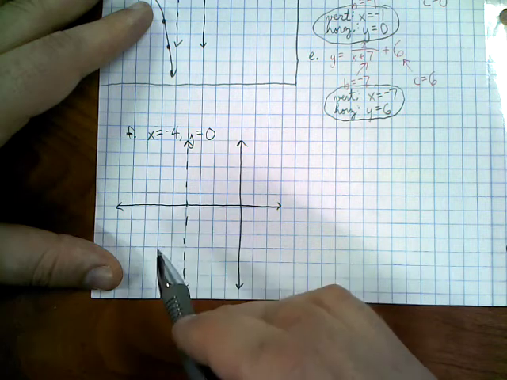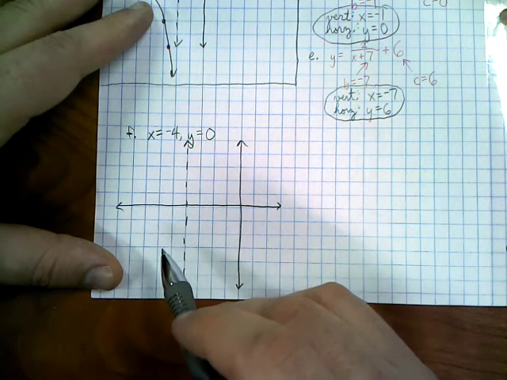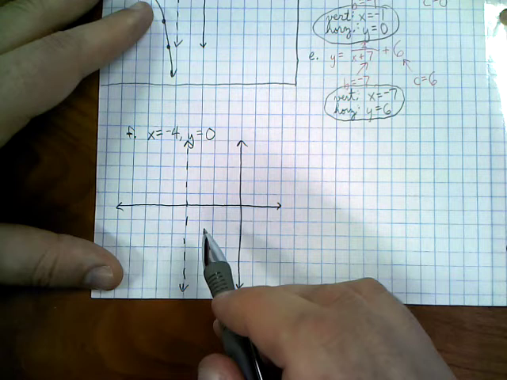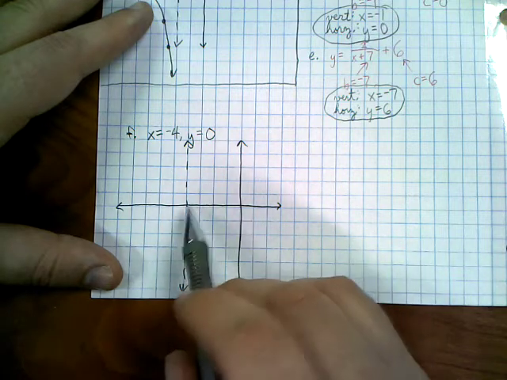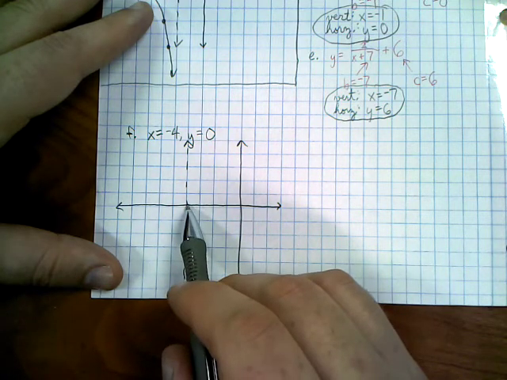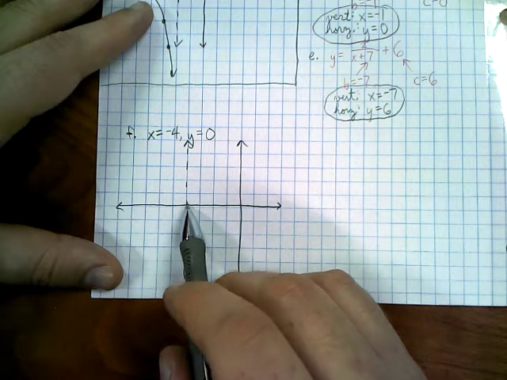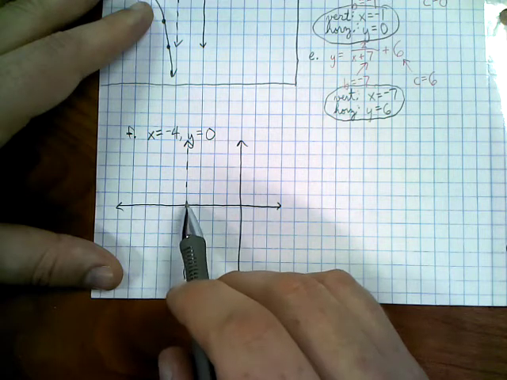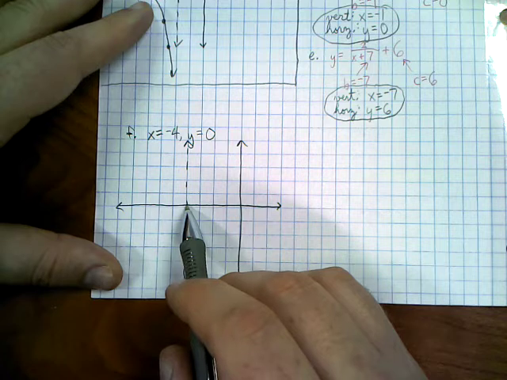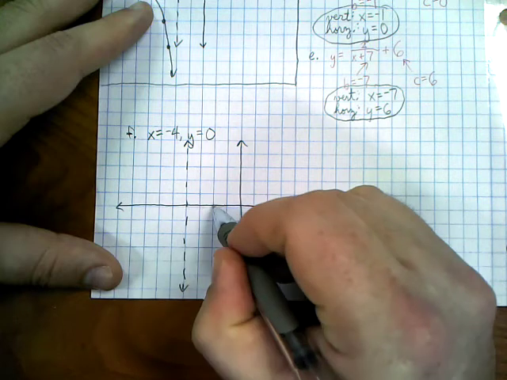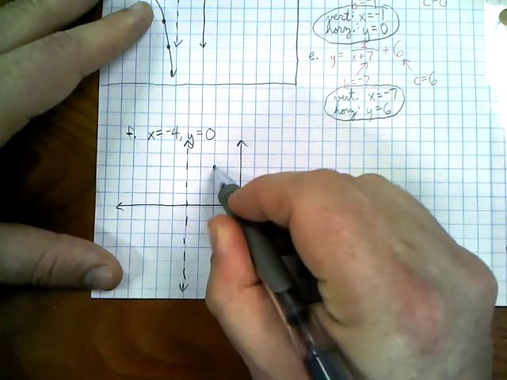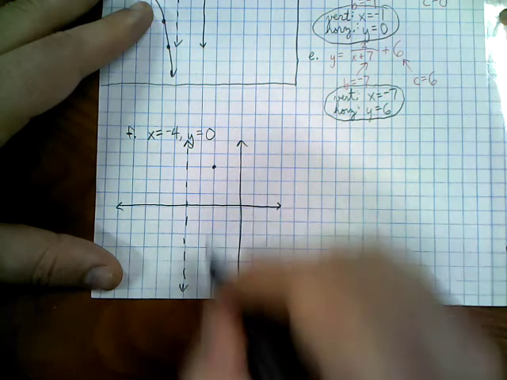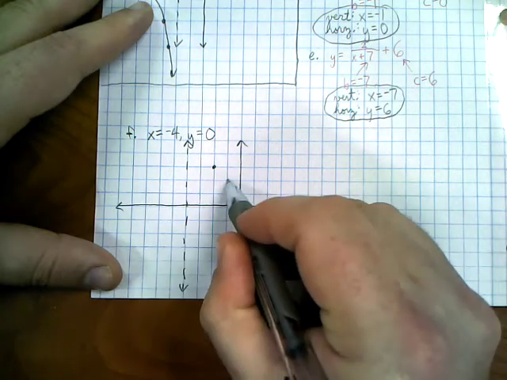Now, the function says y equals 6 over x plus 4. If we treat this like an inverse variation, this means that we would have a constant product. So if this is my pretend origin, we have a constant product of 6. So what times what gives me 6? Well, 2 times 3 gives me 6, and 3 times 2 gives me 6.